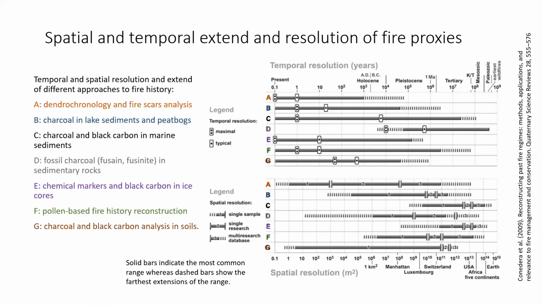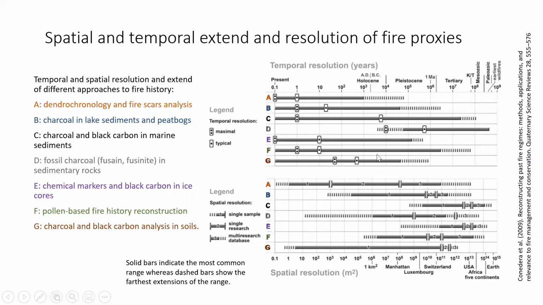The oldest fires can be studied from sedimentary rocks, giving quite large spatial resolution. Then we have the chemical markers and black carbon from ice cores, where we get quite good extent of the fire record.